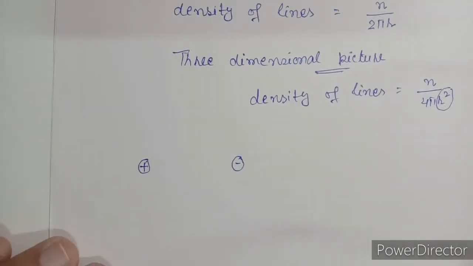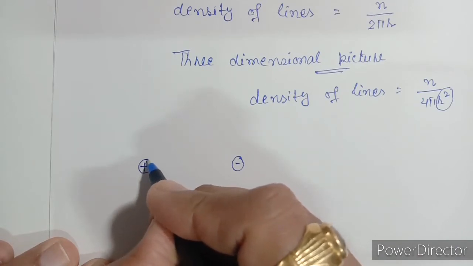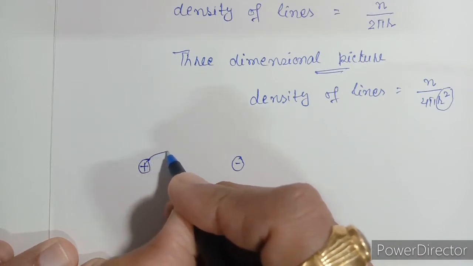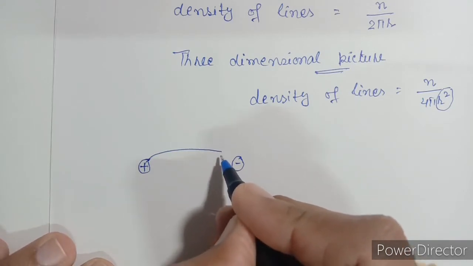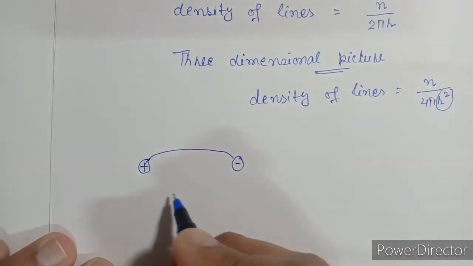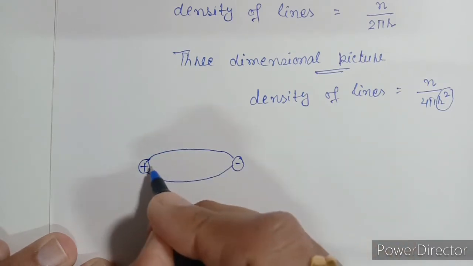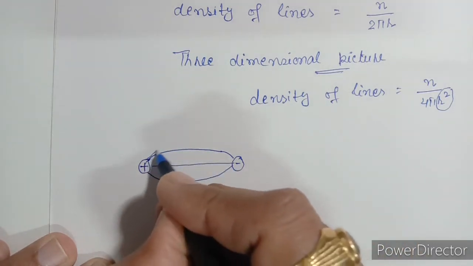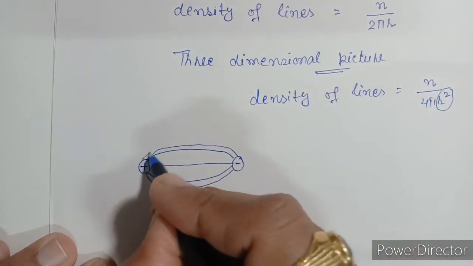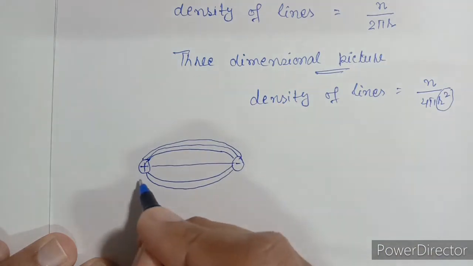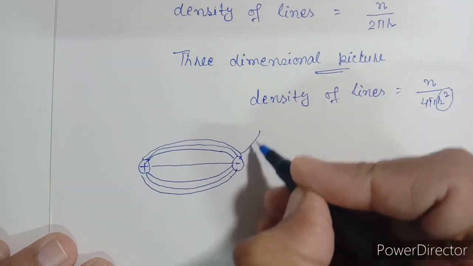Then the field lines begin on the positive charge and end on the negative charge, like this. Similarly we have here.